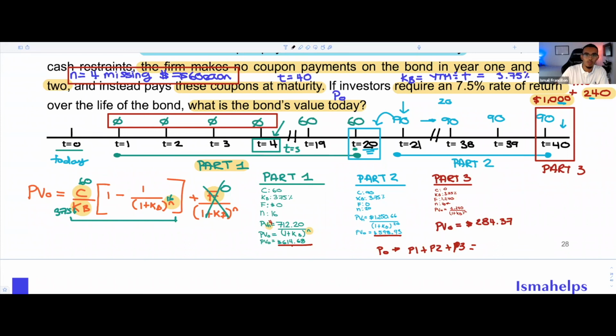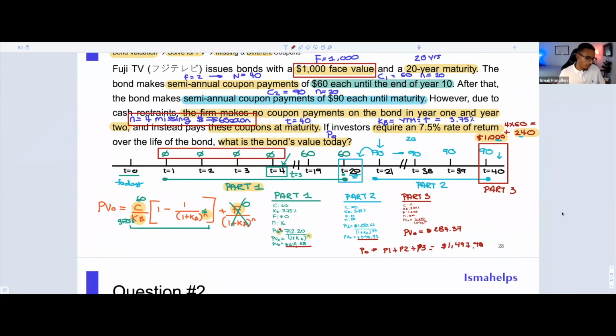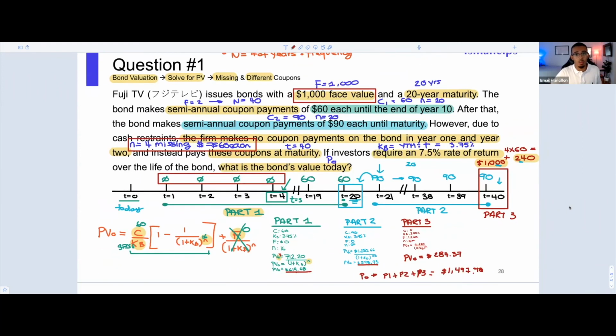Yeah, cool. So that's a heavy duty question. Okay. But a few things to say before we move on to the next. Obviously, we took a lot of time to do this because I really wanted you to have exposure to the most difficult question that you may see on your exam in terms of bond valuation.